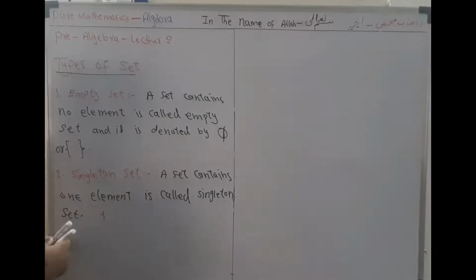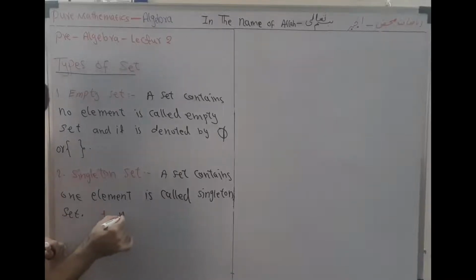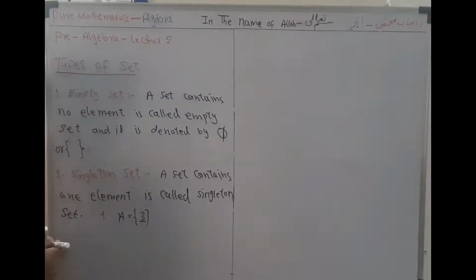Example 1, A is equal to {3}. It is a singleton set because it has one element.